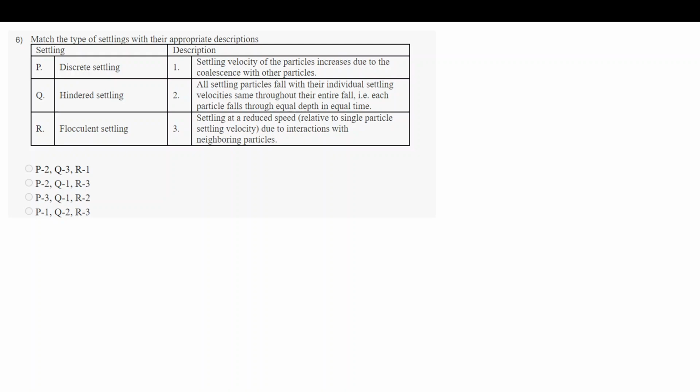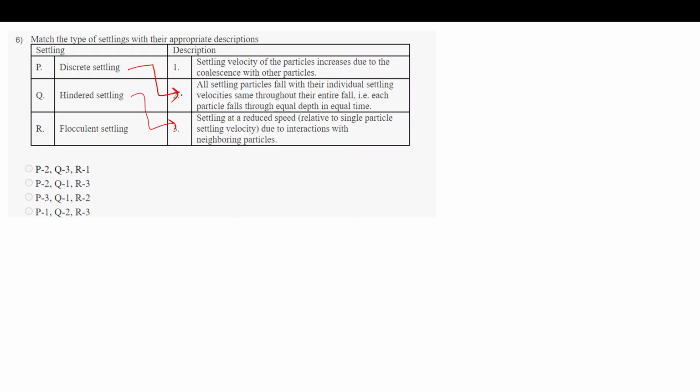Next is hindered settling, where the velocity, as the name suggests, reduces, right? So settling at a reduced speed due to the interaction with neighboring particles, which is option 3. So for P it is 2, Q it is 3, and only one is left, but still let's read it.